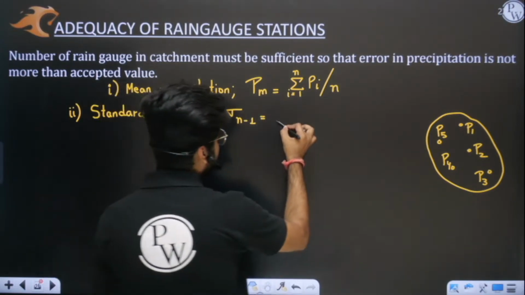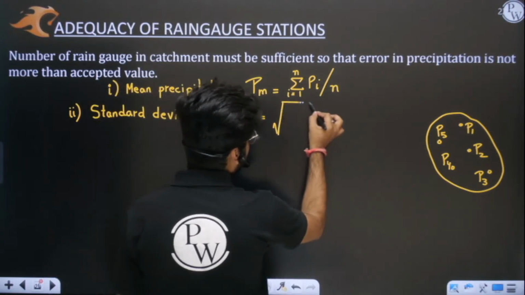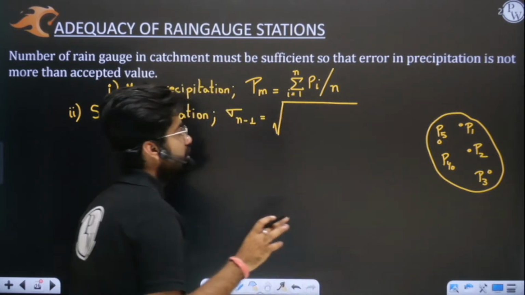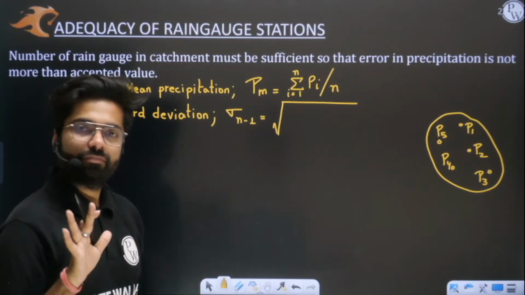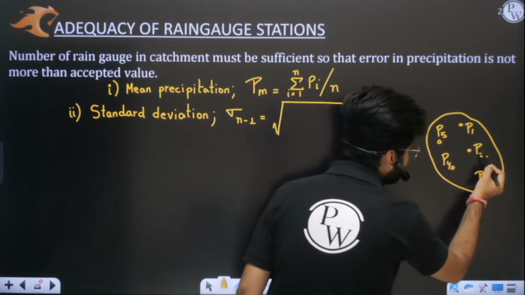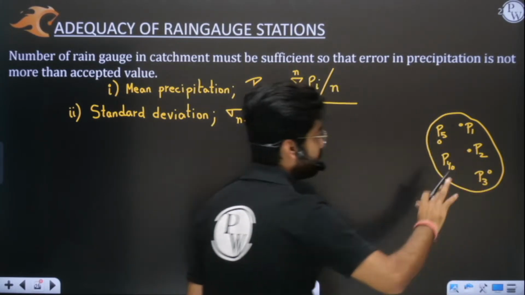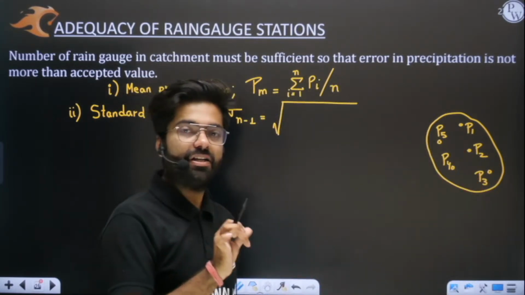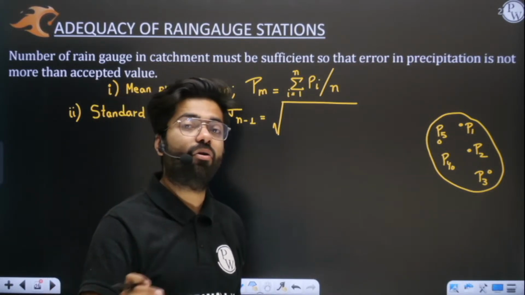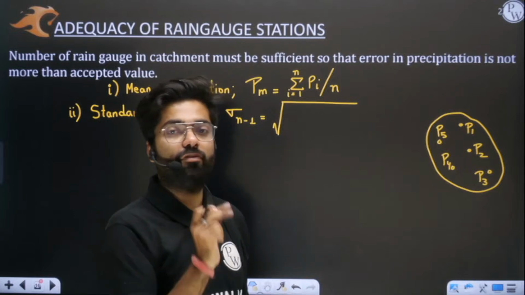Then we have the square root. We have obtained the mean, yes or no? Now we have to subtract all these values, P1, P2, P3, P4, P5, separately from the mean. We have to find the deviation of each and every value from the mean.